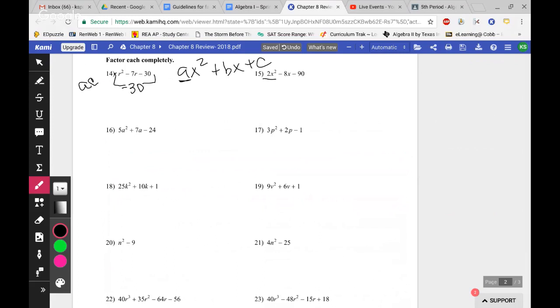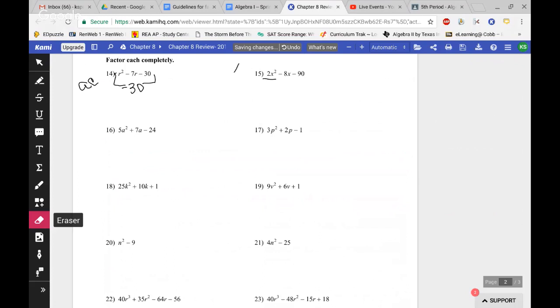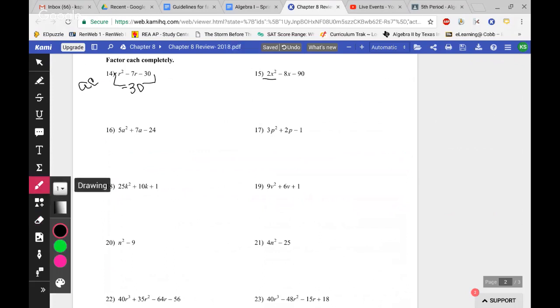Now what I'm going to do is find two factors of negative 30 that multiply to be negative 30, but when I combine them together are going to give me a negative 7. So I'm going to approach this like I would if negative 30 were a really big number.